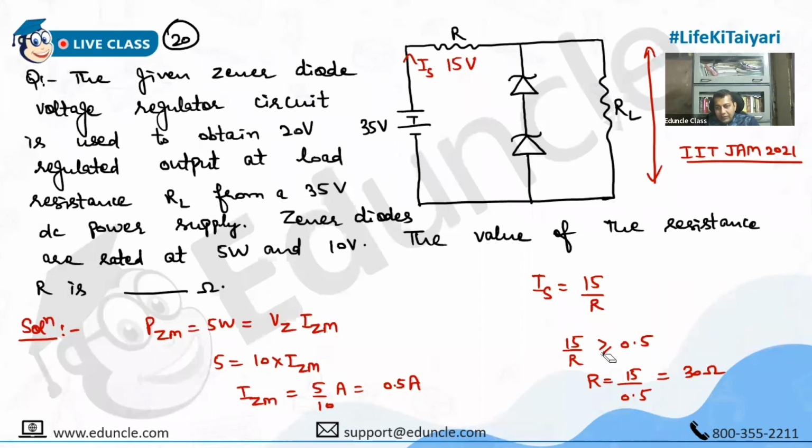So this R will be less than or equal to 30 ohm. This is the max value actually. Okay. Clear? Clear to all?